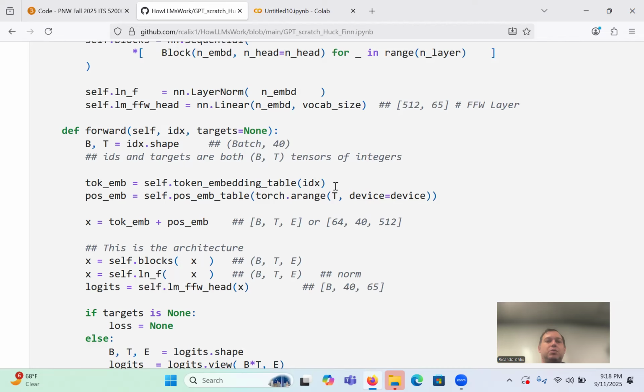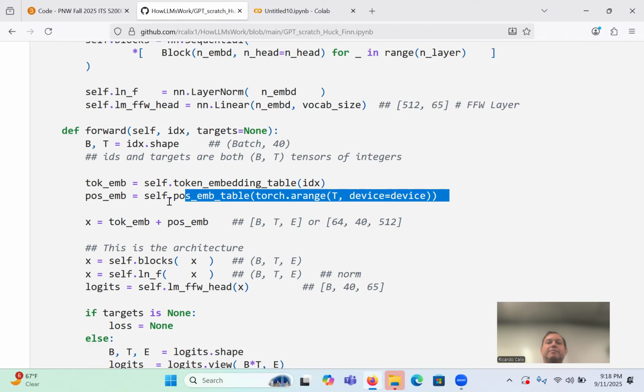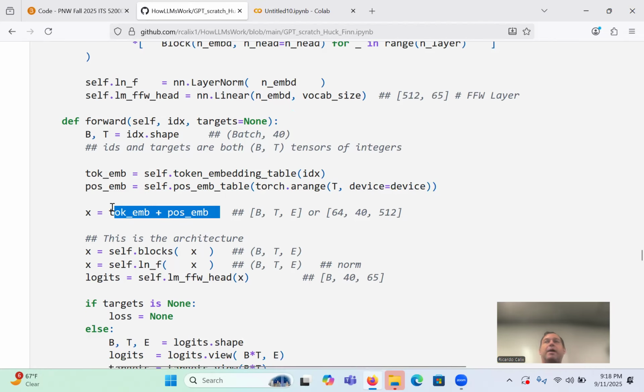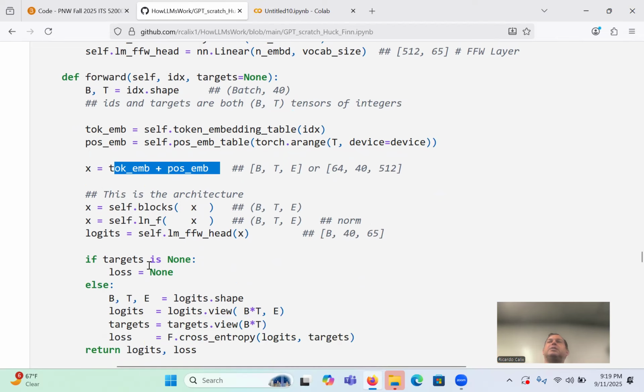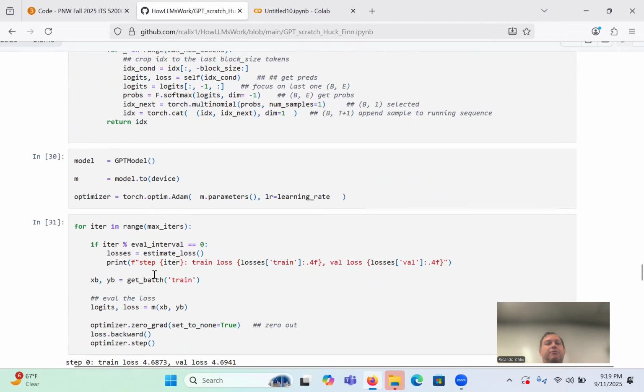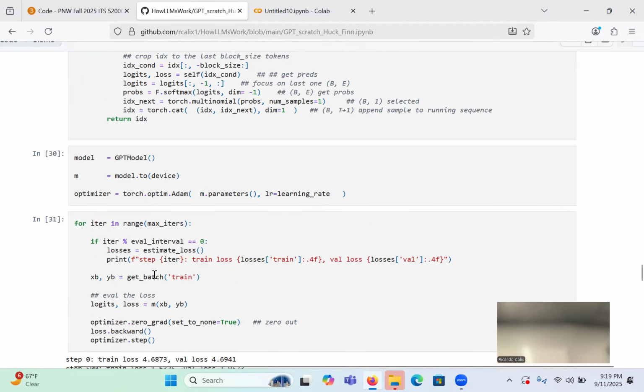IDX goes into token embedding. IDX does not go into positional embedding, right? But now you have token embedding and positional embedding, and what do you do? You add them together. Do you see that? And then that goes into all the blocks that have all the attention layers. So essentially, that's it. That's the full code for the GPT.